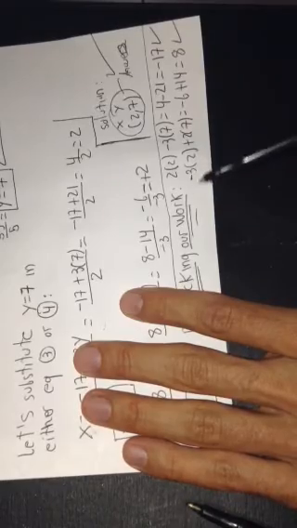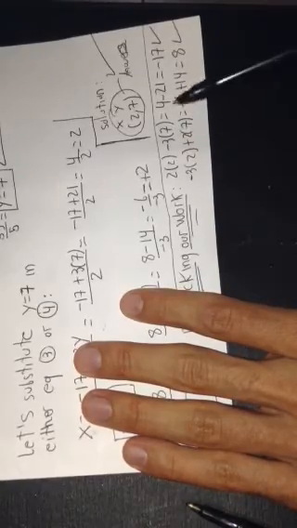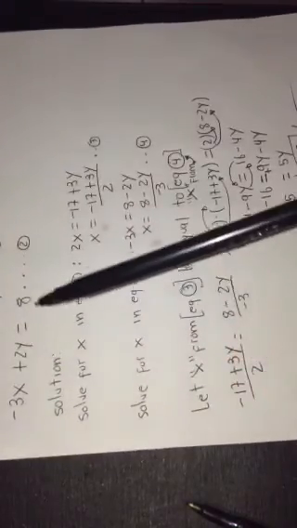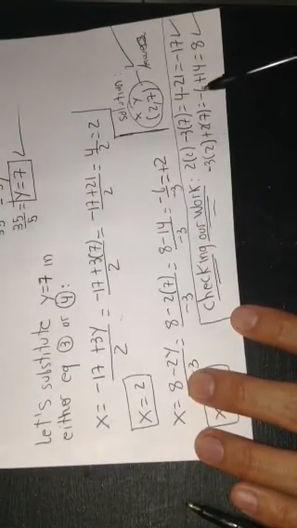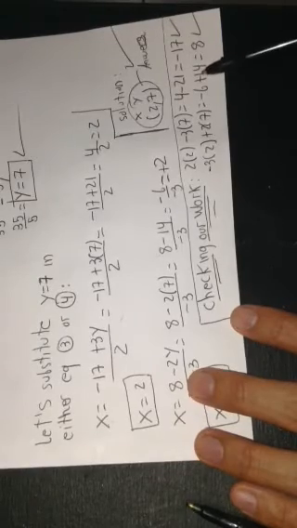I'm just substituting the values of x and y, which I already found, and multiplying each value, in this case by negative 3 and then by 2 respectively, and that has to give me 8. Let's see if that's the case. Negative 3 times 2 is negative 6, and 2 times 7 is 14. Clearly, negative 6 plus 14 is 8.